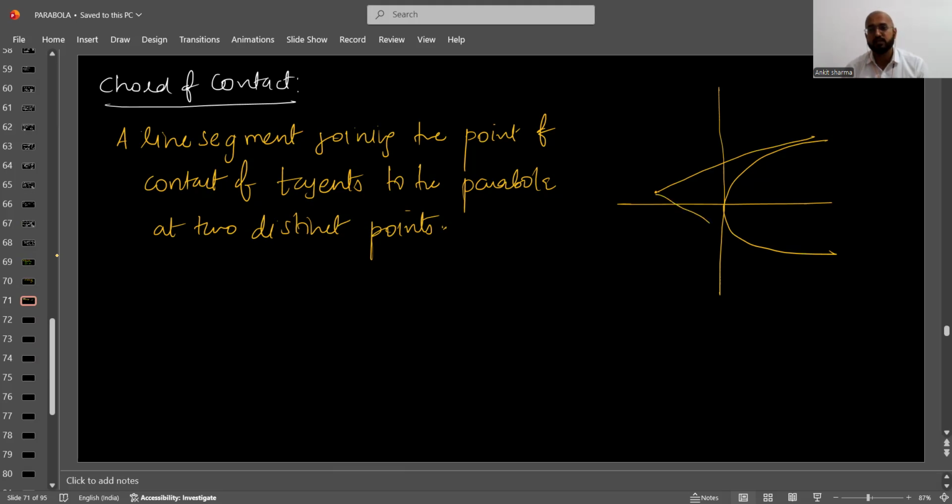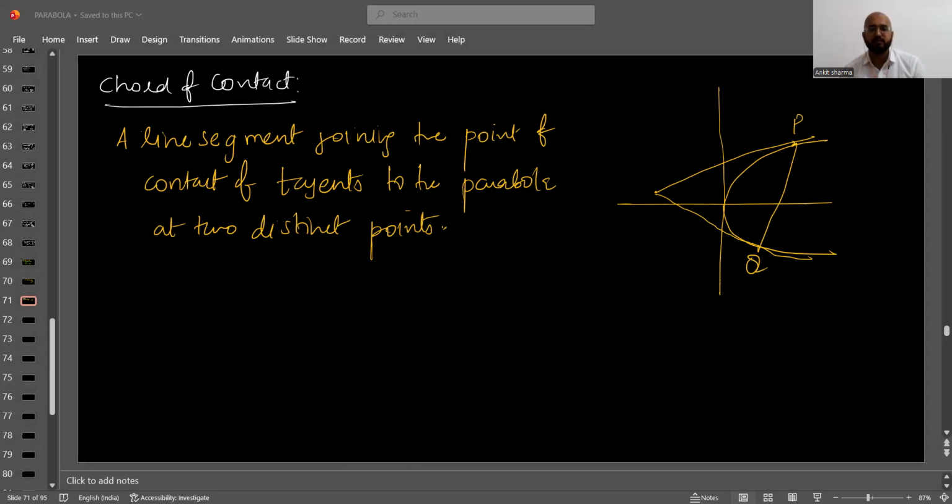These are my two tangents, and they touch the parabola at P and Q. The line segment joining the points of contact of the two tangents to the parabola at two distinct points is nothing but my chord of contact.